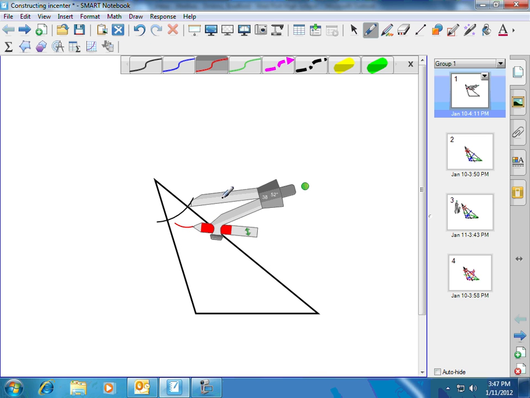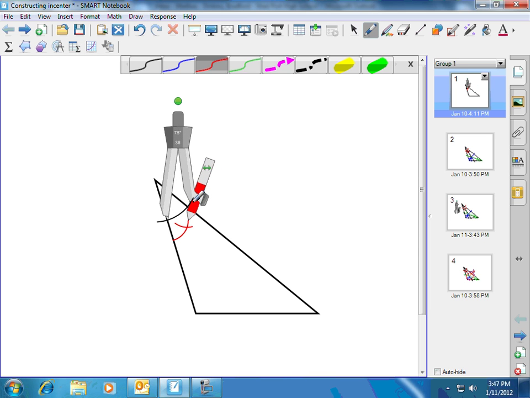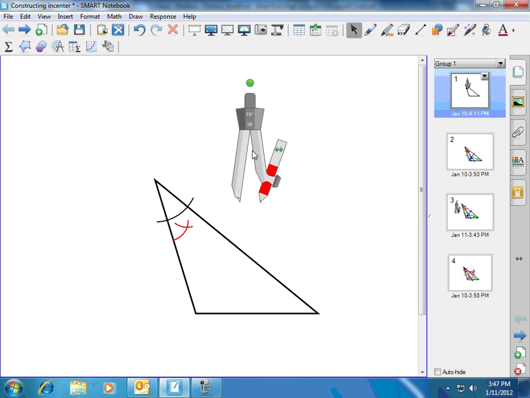And then I'm going to take my compass on the other side where the first arc intersects the side of the angle. All right. And I'm going to make another arc. And what I'm after is where they intersect. Okay, so this place of intersection is one point, and then the vertex of the angle is another point.